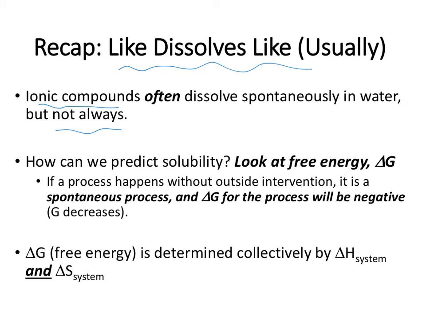So to determine whether or not a process actually occurs, in other words, if it's spontaneous, meaning we don't have to interfere with the process or add anything to it, we, as always, have to look at free energy for the process, delta G. And so I'm going to go over how we do that for dissolving something, for solutions.